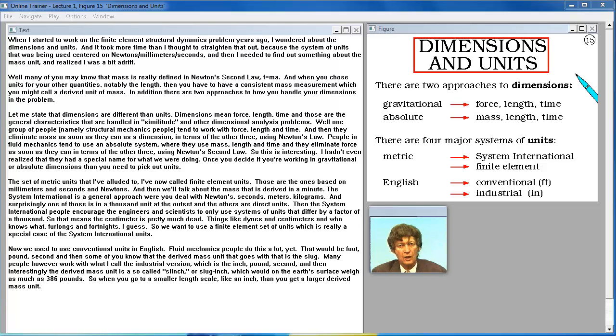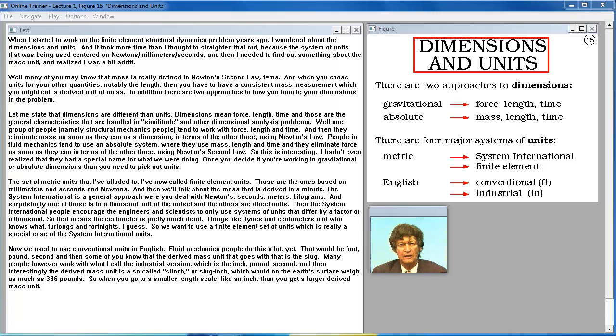When I started to work on the finite element structural dynamics problem years ago, I wondered about the dimensions in units. And it took more time than I thought to straighten that out, because the system of units that was being used centered on newtons, millimeters, seconds.